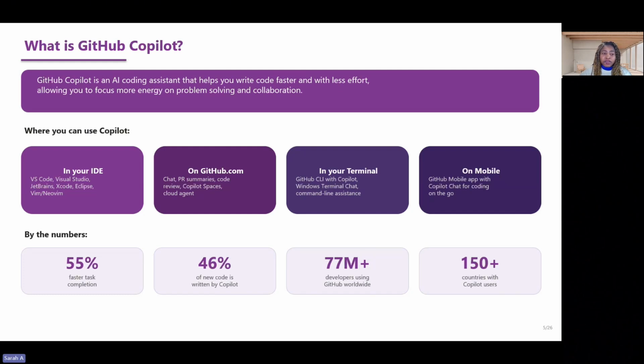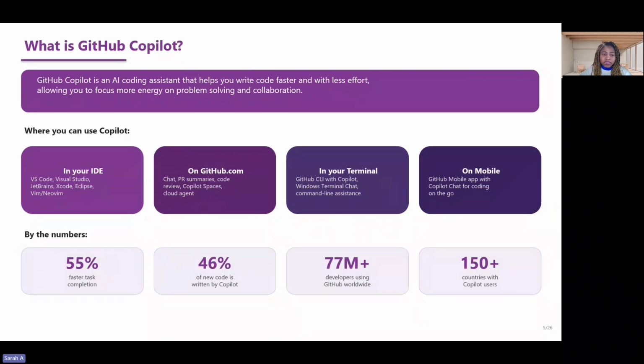You can use Copilot in any of four ways, right? One, in your IDE, where you're doing your development: Visual Studio Code, JetBrains, Eclipse, whatever tool you are using. For the purpose of this cohort, we are going to be using Visual Studio Code. Whatever preferred editor you use, Copilot probably supports it.